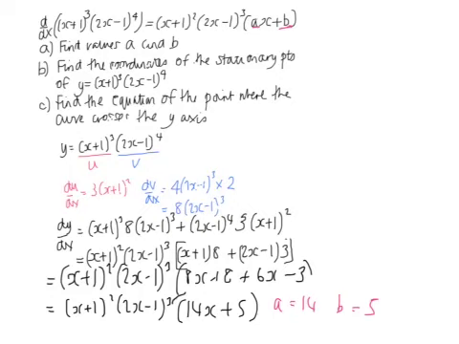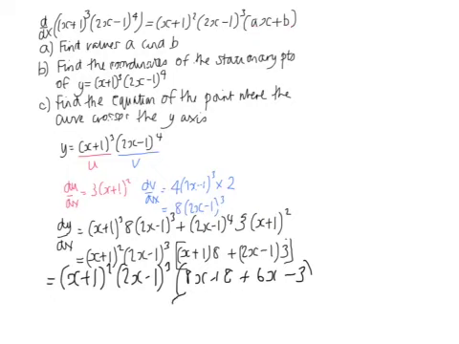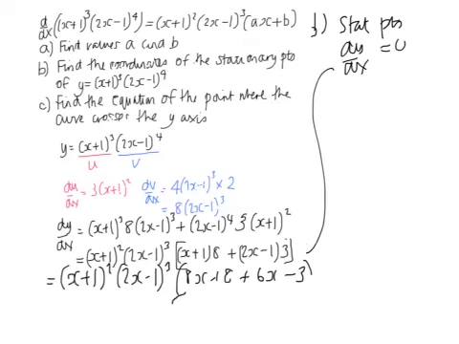Okay, so the next thing we need to do is find the coordinates of the stationary points. So we know at stationary points, dy by dx is equal to 0. So we've got our dy by dx down here.